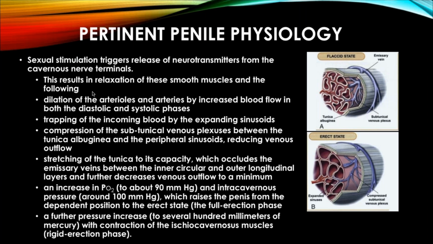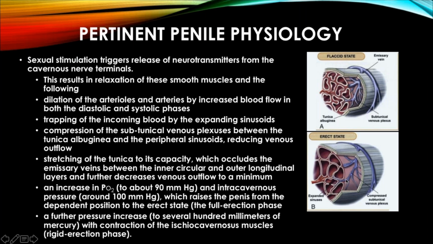So the arteries to the penis, the smooth muscle in them relaxes, the diameter of the artery increases, blood goes faster through the arteries and then goes into what are called sinusoidal spaces, these cavities within the corpora cavernosa. They fill up with blood, and then the penis will stretch in length and width and compress the subtunical venous plexuses.